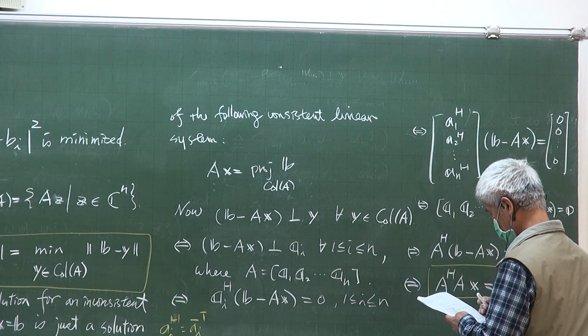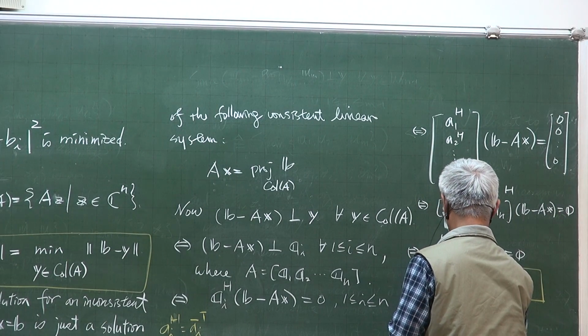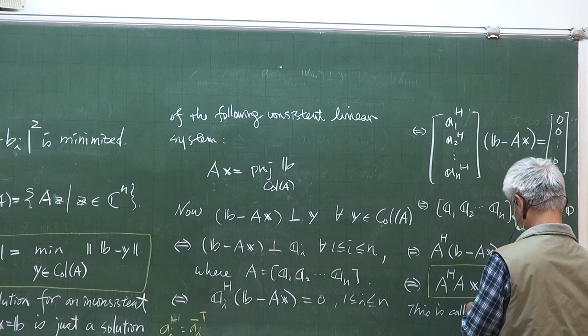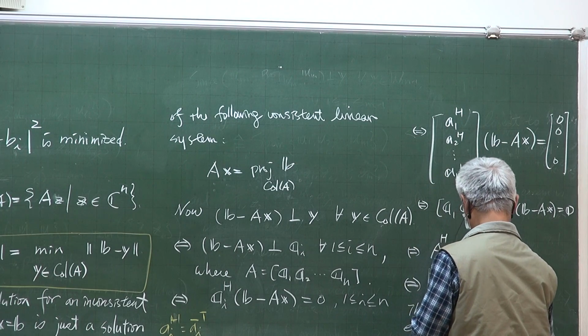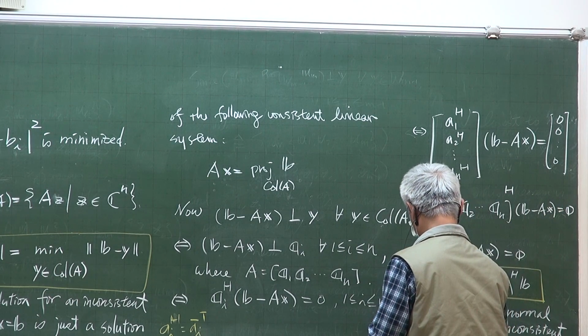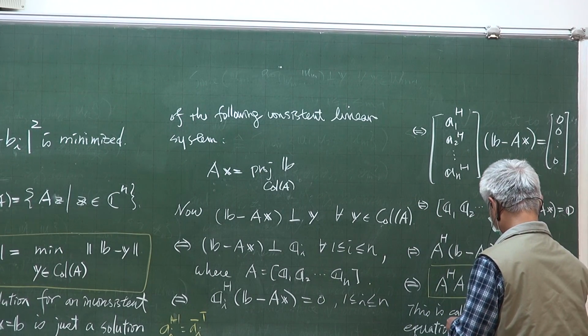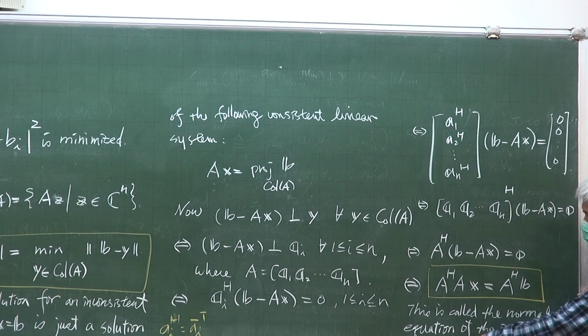This is called the normal equation of the inconsistent linear system AX equal to B. Initially we have an inconsistent linear system, AX equal to B. This linear system has no solution at all, not any.